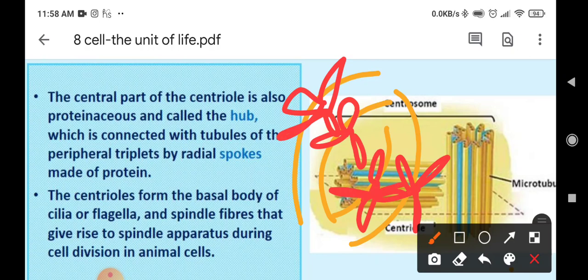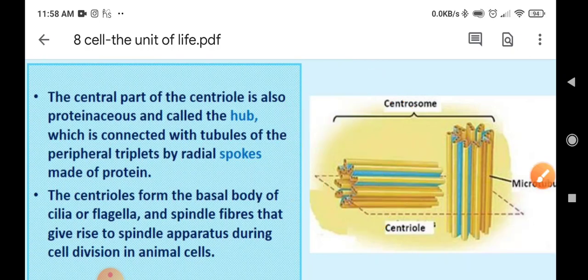Always remember one thing: the centrosome is one structure which contains two centrioles lying perpendicular to each other. They are made up of proteins, and they help in formation of spindle fibers during cell division in animal cells.